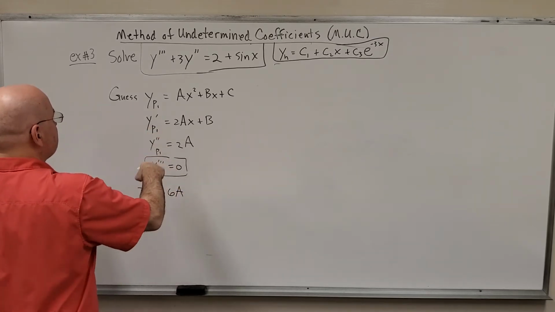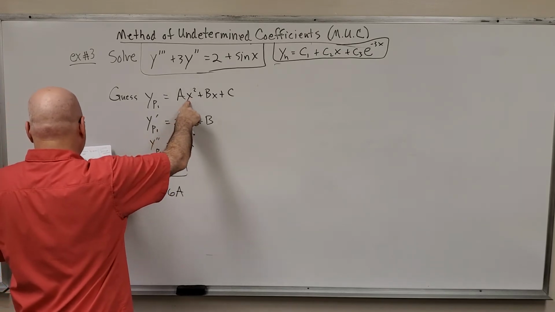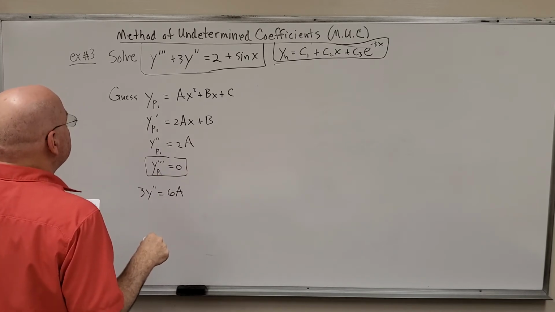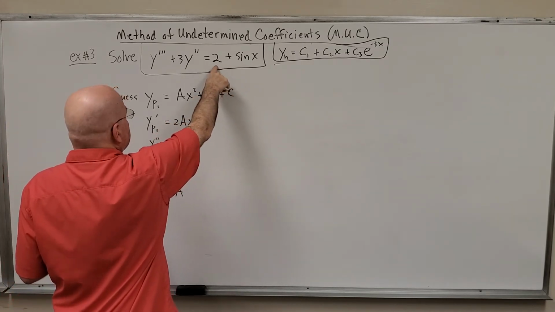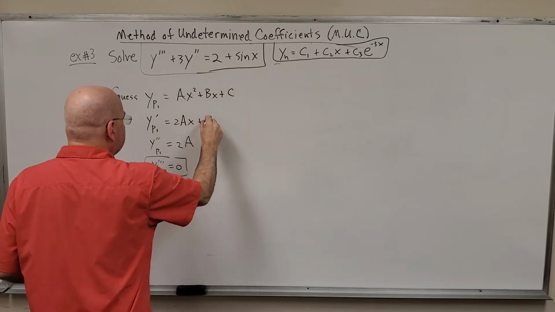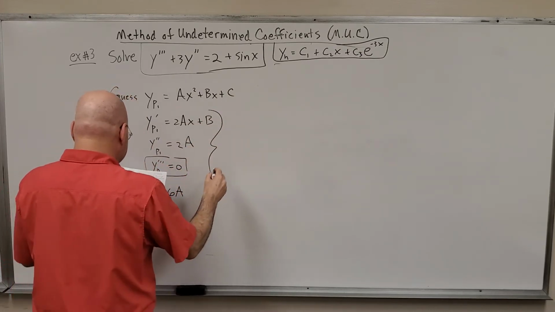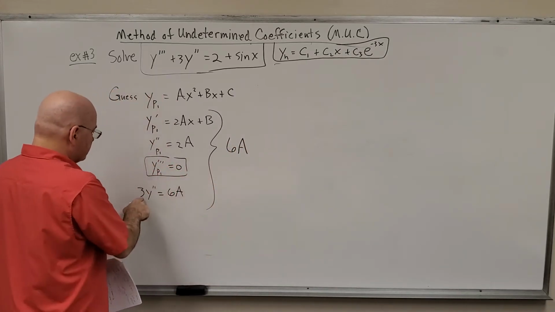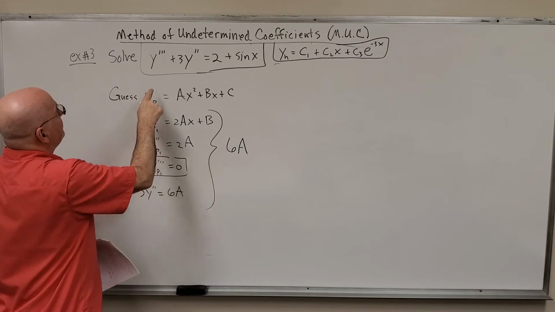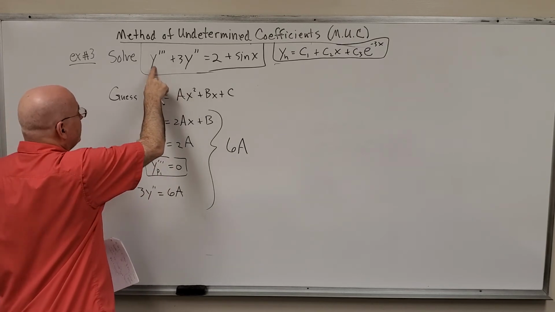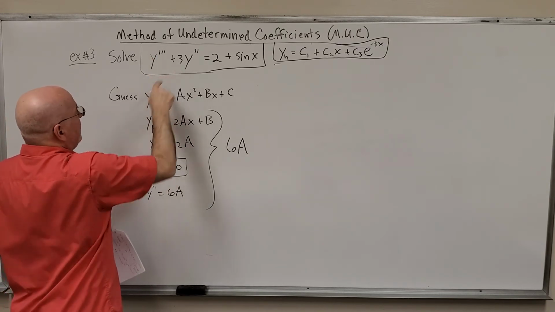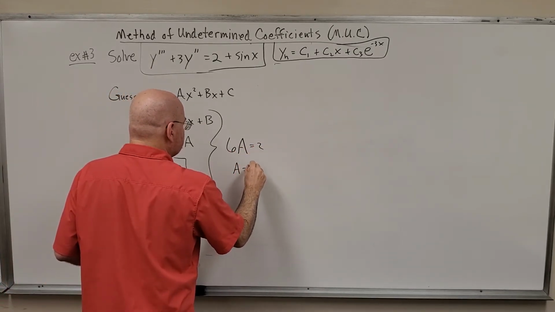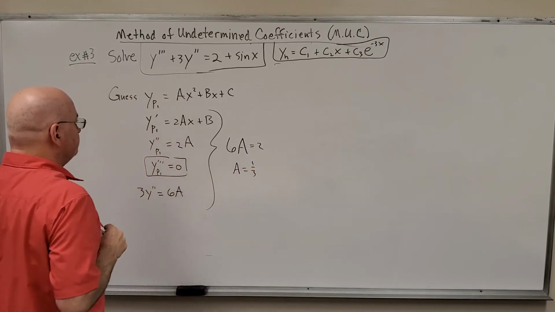So that gives us 6A is equal to just the 2. So 6A is equal to 2, and that gives us A equals 2/6 or 1/3.